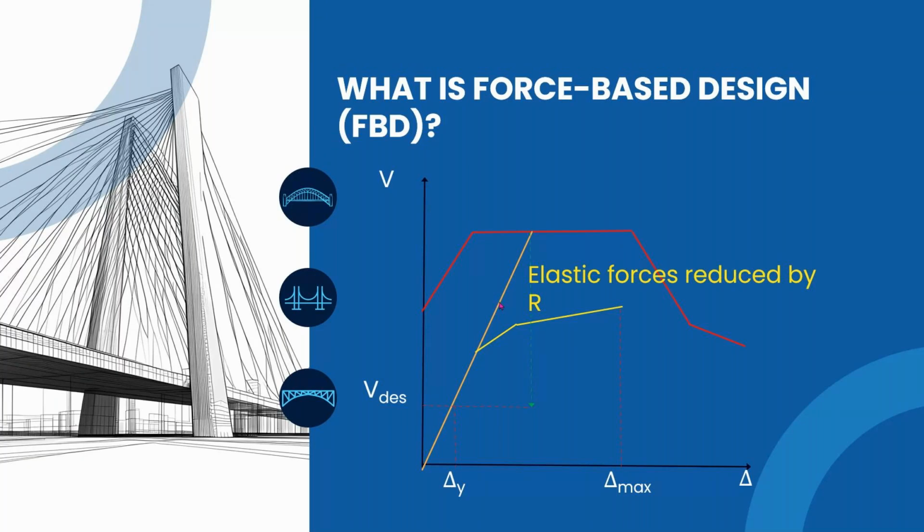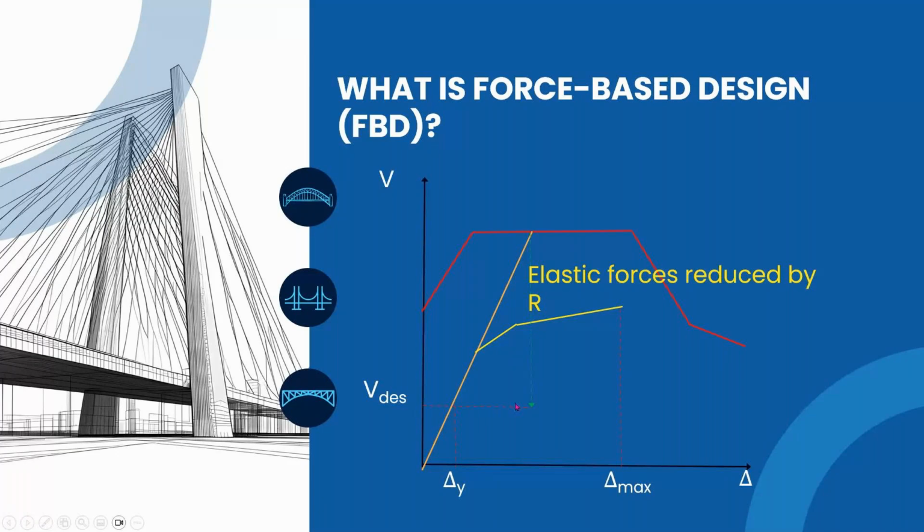When you design this structure, you multiply, or divide, this demand by a response reduction factor R. So the reduced response of the structure to the seismic event will be evaluated somewhere here. So when we reduce the demand with respect to R, the VDS, or the shear design force that we are getting in this structure, comes somewhere here.